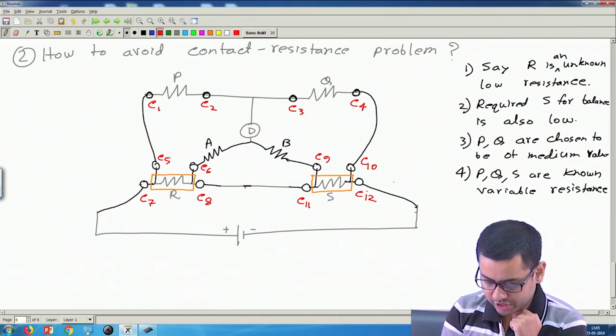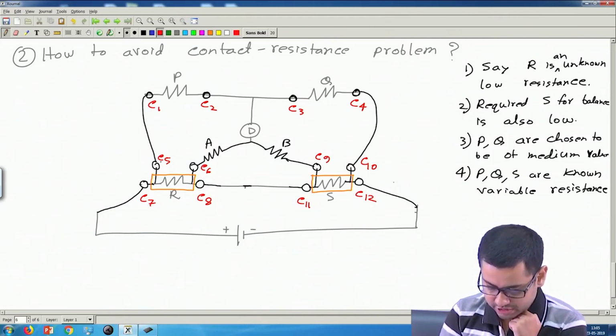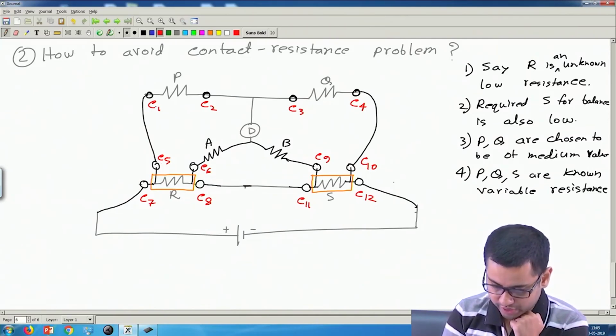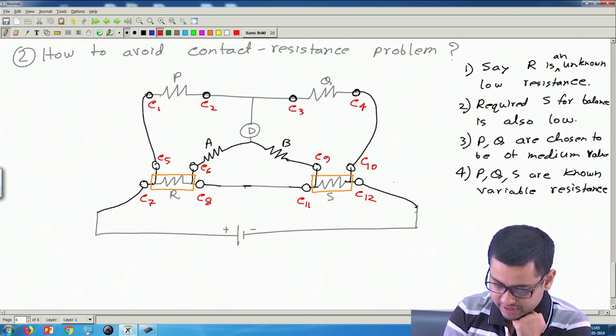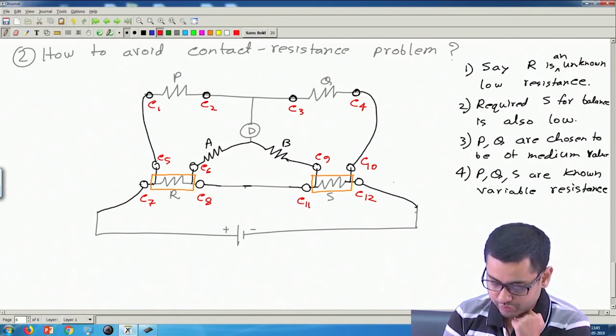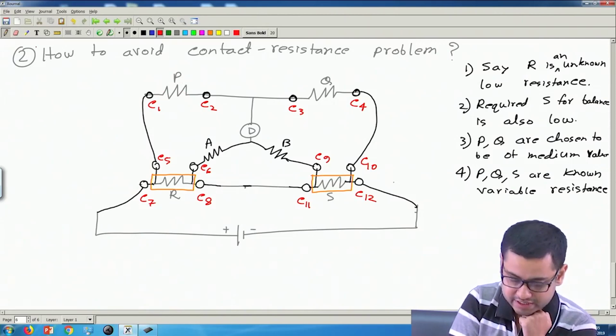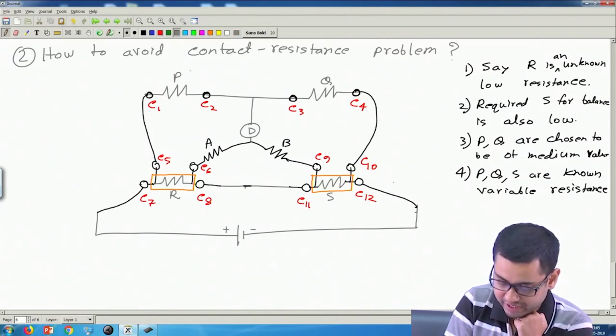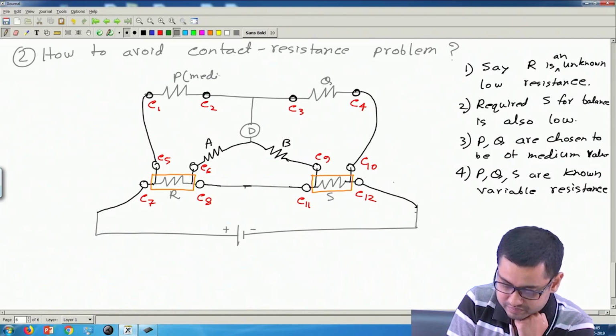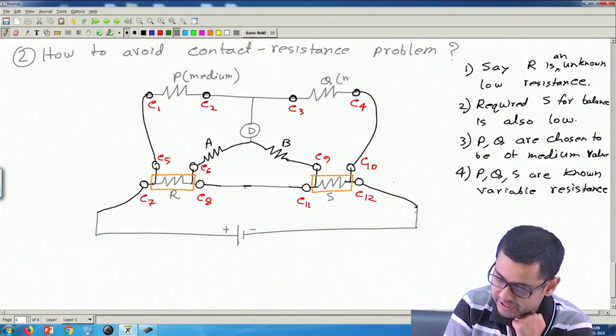Okay, observe that C5, C1 and C2 are small resistances in series with P. And P is a medium resistance, that is a much higher resistance than these contact resistances. So this is medium, this is also medium.